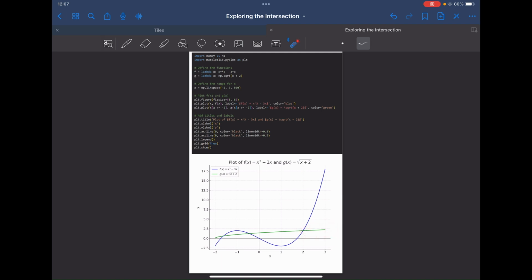Of course, if you're doing an exam, you cannot actually make these plots, but this is just to give you an idea why I made that argument about the order of the functions that we have. I have something of order 3, I have something of order 1 over 2, and I know that after some threshold, which is 2 here, the order 3 function must be larger than the order 1/2 function.